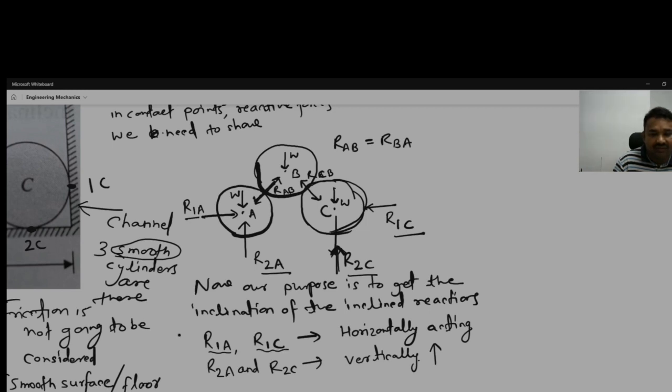R1A, R1C both are acting in horizontal directions. Okay, either in positive x direction or in negative x direction. So these are either acting horizontally or vertically, so there is nothing kind of inclination.